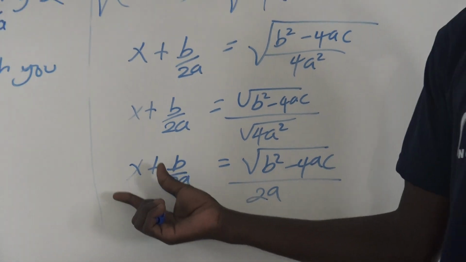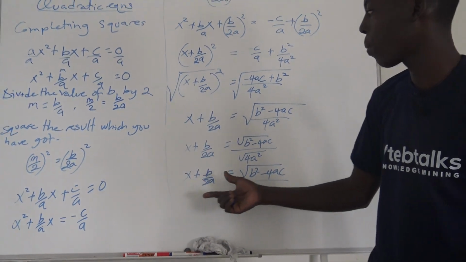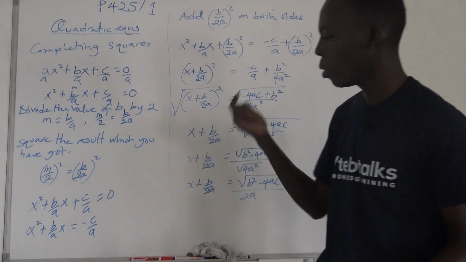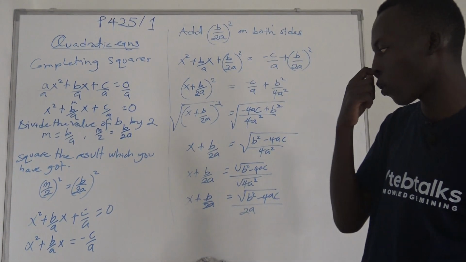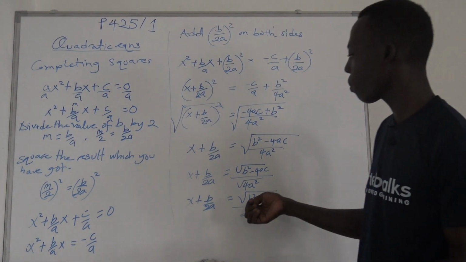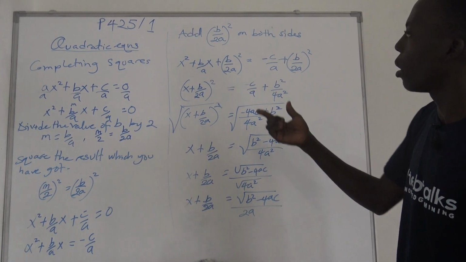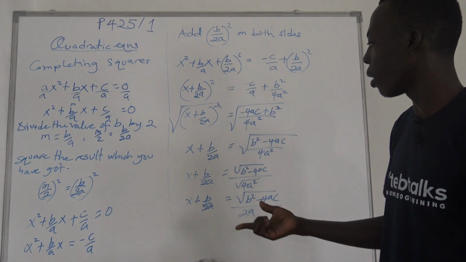So we need now to get the value of x. Here we are making x the subject. The purpose of doing this is that we are making use of the completing of the squares.